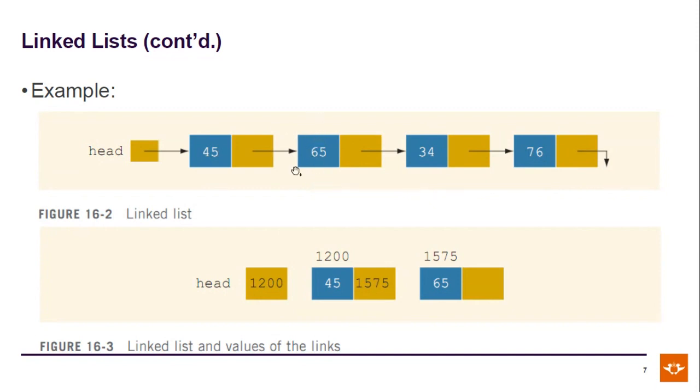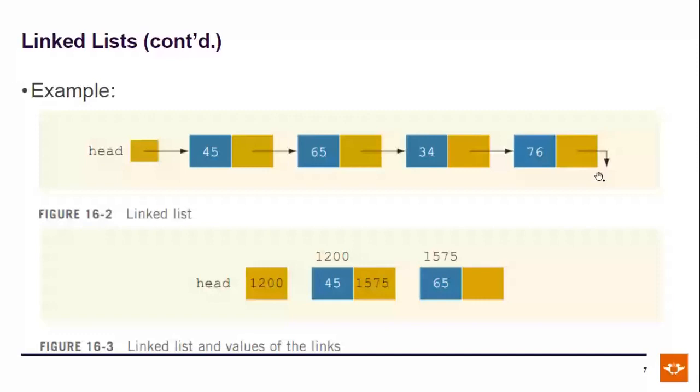The value is 65, and then the memory address will point to the next element of the list, and then there's a value and a memory address, which will point to the next element, which again has a value and a memory address. But as you can see, this memory address is not a valid memory address, so this is now a null pointer.